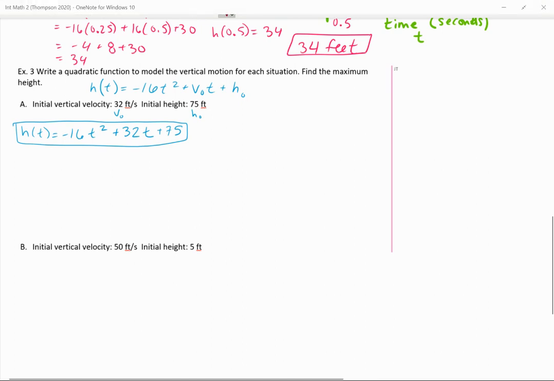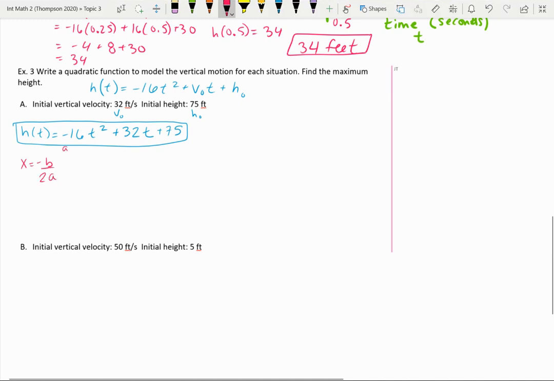Part 2 is to find the maximum height. So I plug in x equals negative b over 2a, where a is negative 16, b is 32, c is 75. So on top, I'll plug in a negative 32.